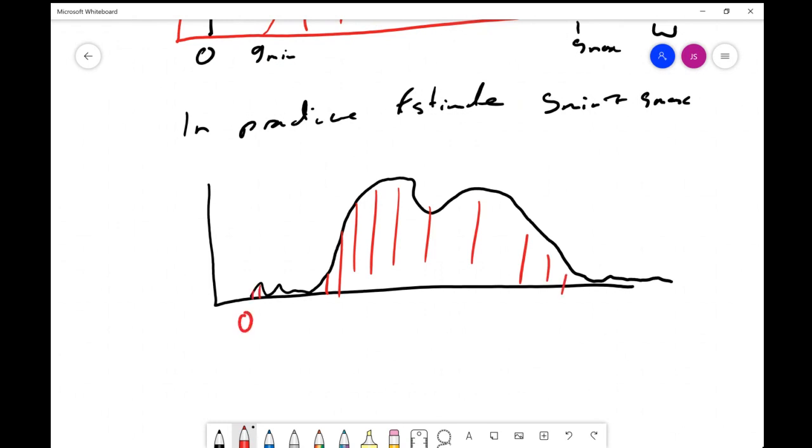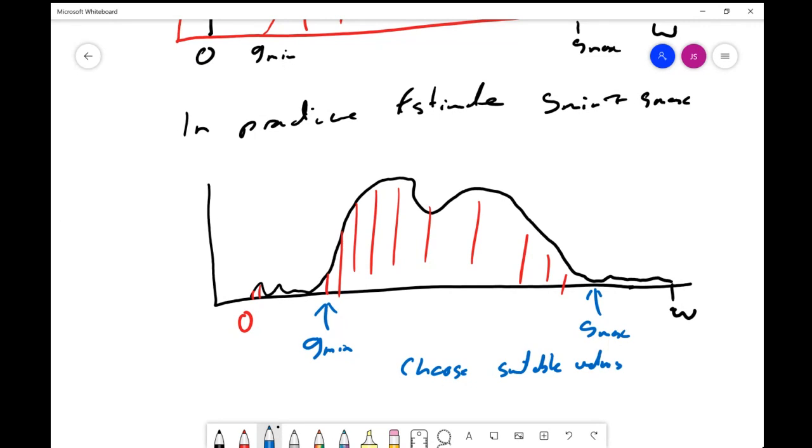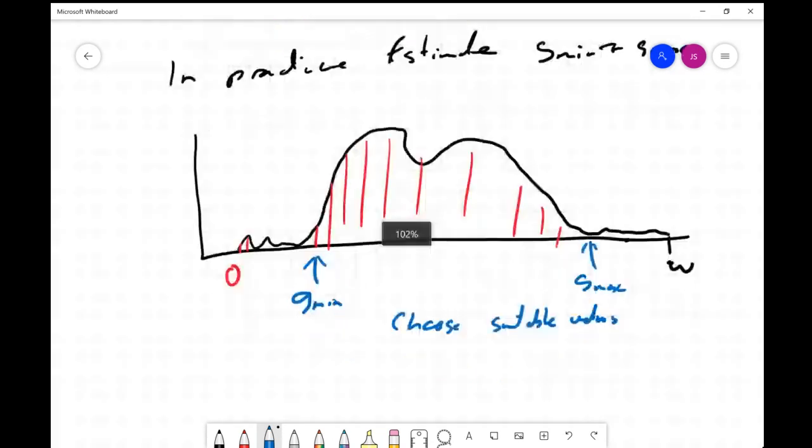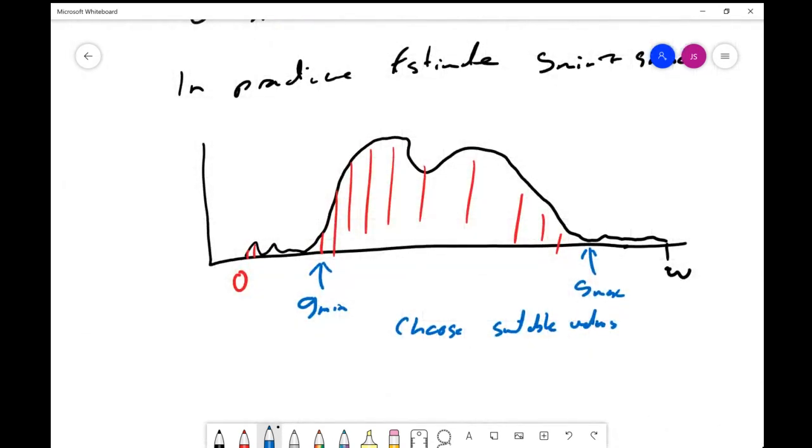Here I've got intensities at 0, and here I have intensities at W. What you need to do is decide yourself by observation, choose G min and choose G max. G min in the initial histogram cannot be 0, G max cannot be W.